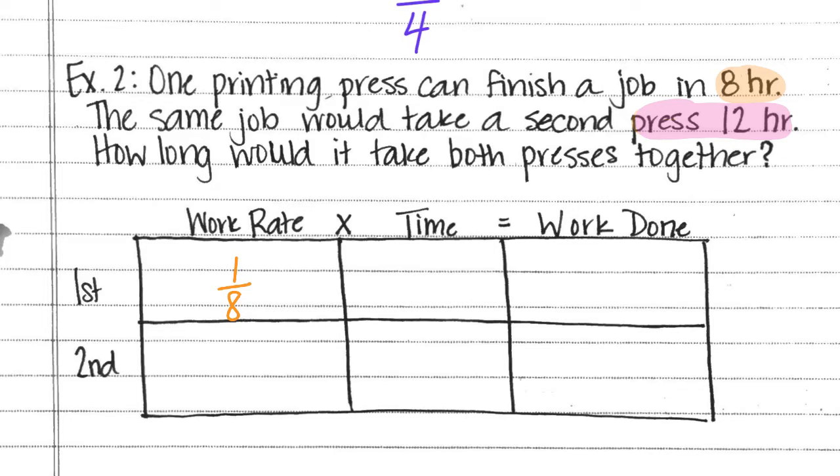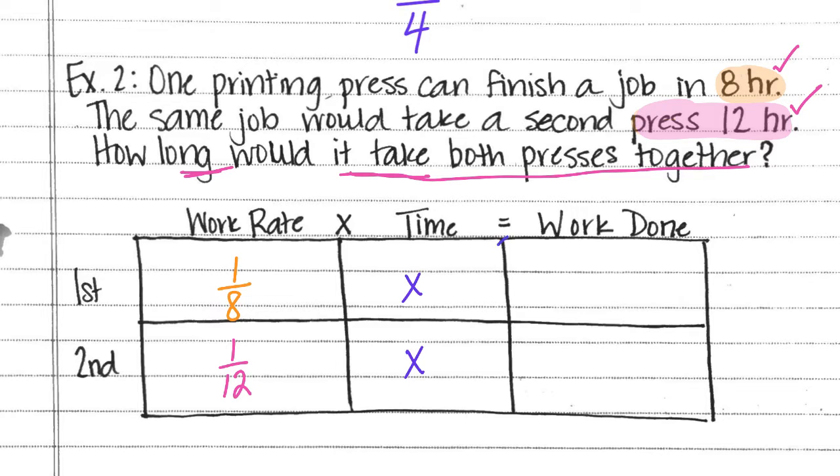The work rate of the second is 1/12. So even though it talks about 8 hours and 12 hours, the time is talking about how long it would take for them to work together. So I'm going to call that time x.